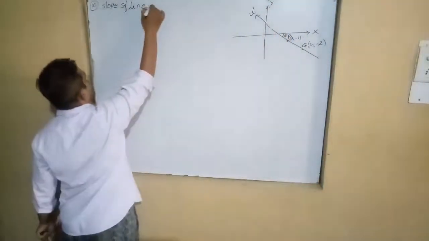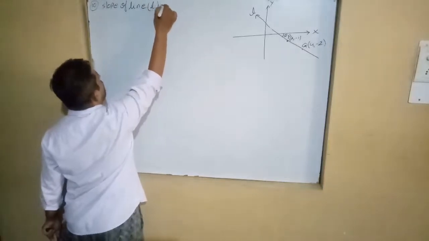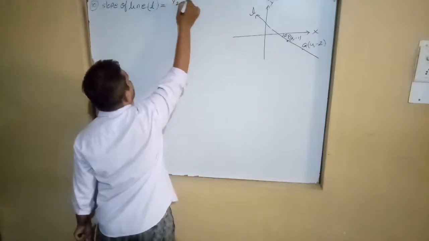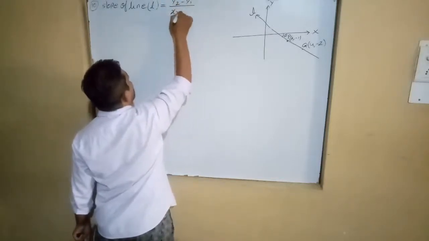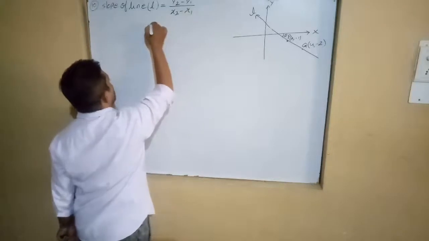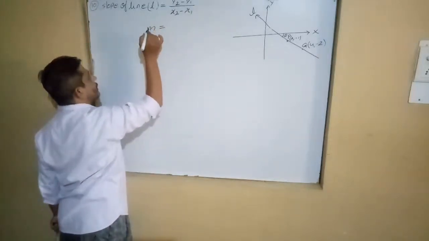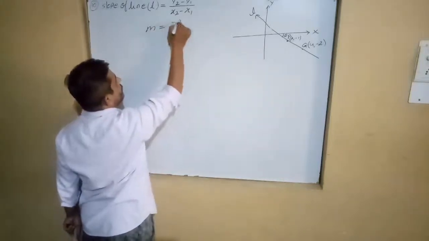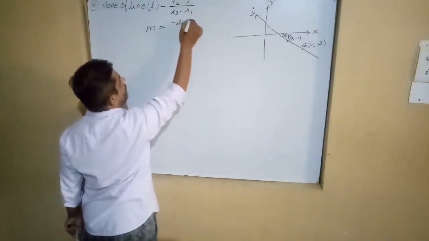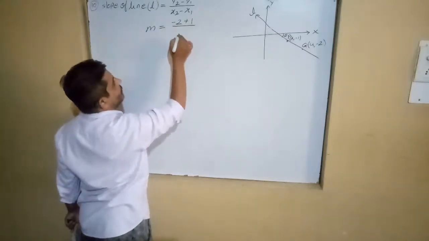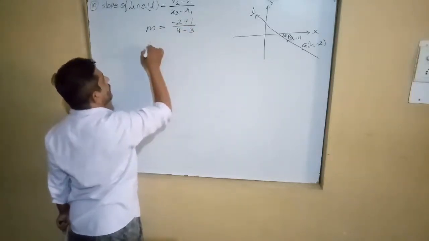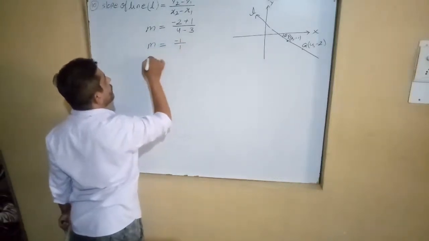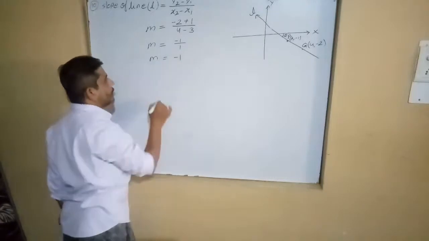So the slope of line L is equal to y2 minus y1 upon x2 minus x1. So m is equal to y2 minus y1. What is the value of y2? Minus 2 minus 1 becomes plus 1, upon x2 minus x1, 4 minus 3. So m is equal to minus 1 upon 1, which means m is equal to minus 1.